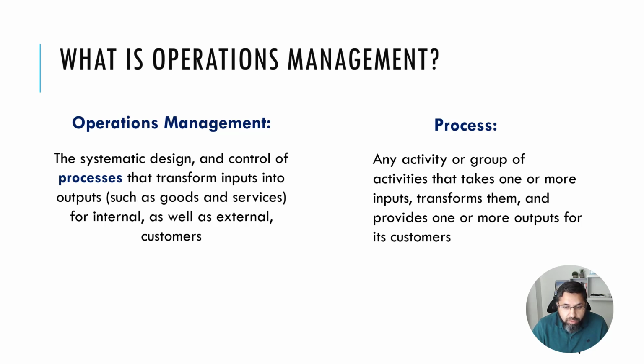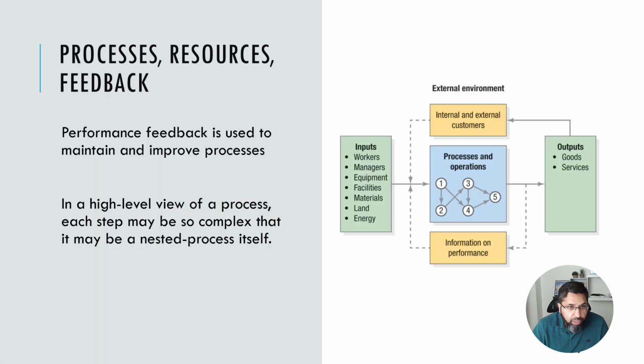Now, if you look at this picture, we have certain inputs, and then we have a process, which is a series of steps with certain precedence relationships. Certain steps have to be done before others. Certain steps depend on others. And then this process leads to certain outputs. Okay?